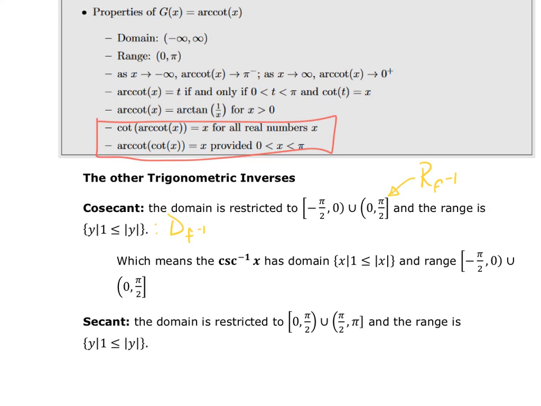Domains become ranges, ranges become domains. The same thing for the secant. This becomes the inverse range, and this becomes the domain of the inverse.